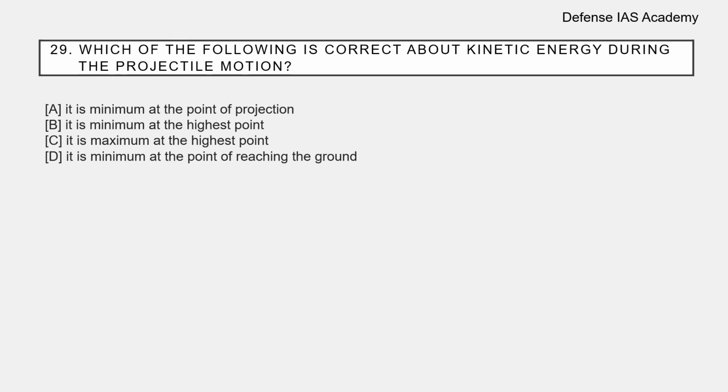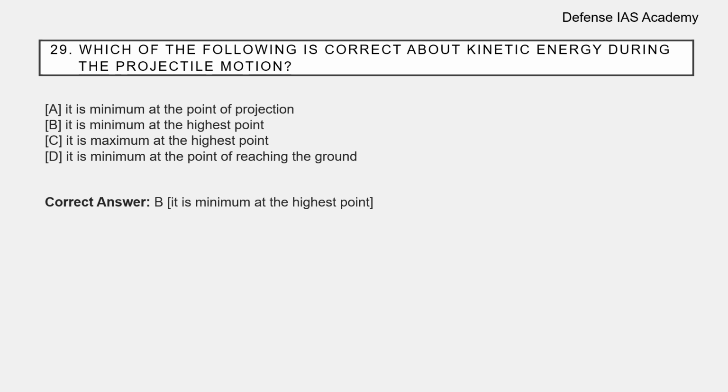Question number 29. Which of the following is correct about kinetic energy during the projectile motion? The options are: option A, it is minimum at the point of projection. Option B, it is minimum at the highest point. Option C, it is maximum at the highest point. Option D, it is minimum at the point of reaching the ground.